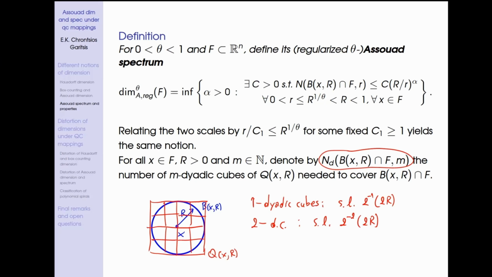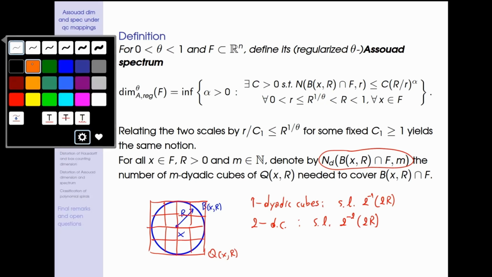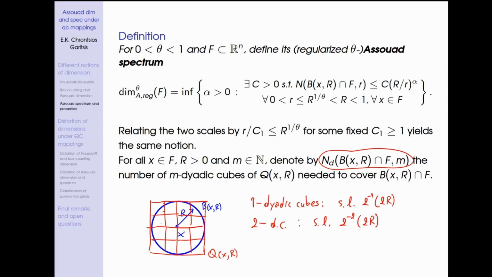And if we have our set F now in there, we count each time for each level how many of these cubes we would need to cover it. This many in this case.